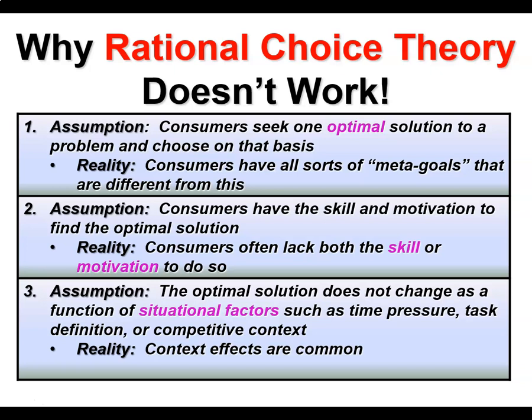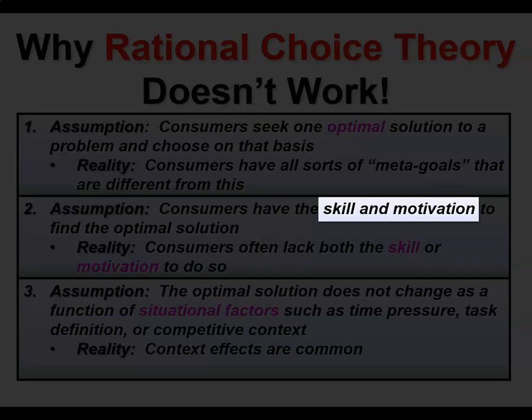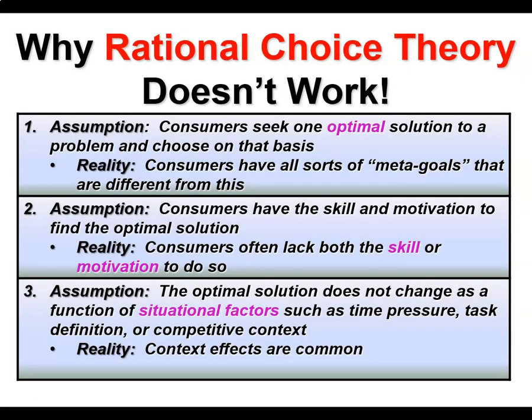The second is of particular interest to me and has a lot of relevance in a lot of the nutrition-based research I conduct. And that assumption says consumers have the skill and the motivation to find that perfect or optimal solution. And the reality is consumers often lack not just the skill in many cases, but the motivation to do so.